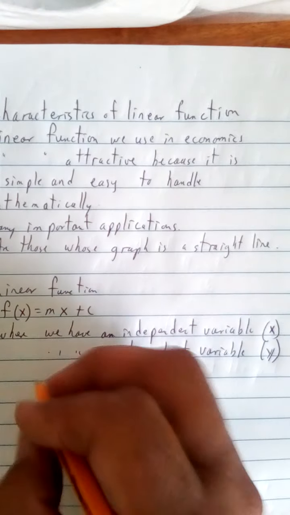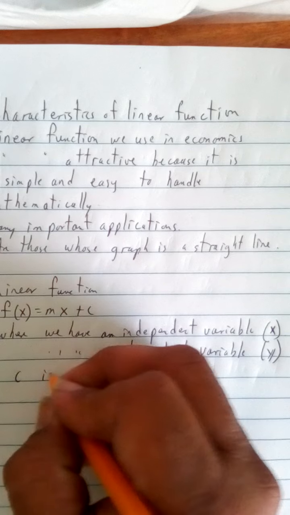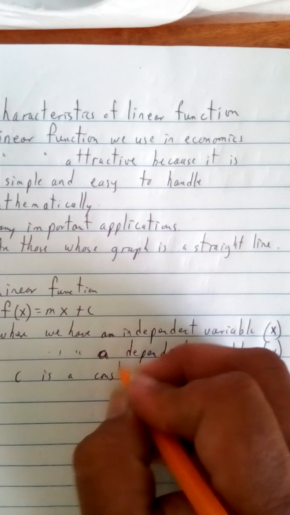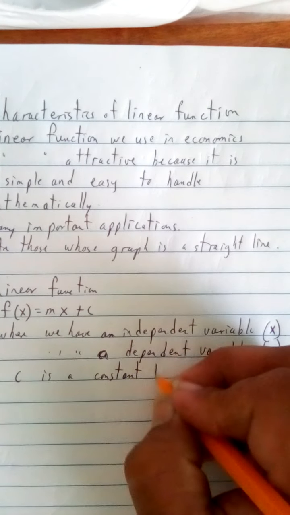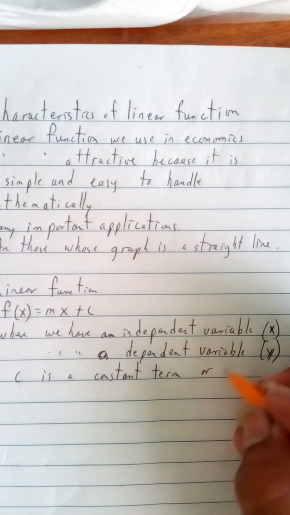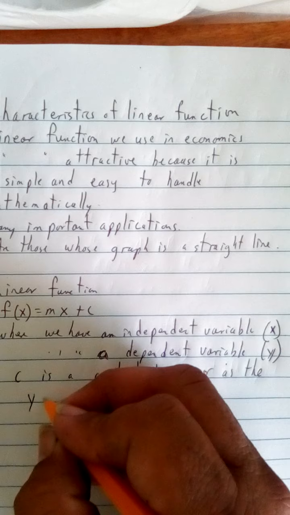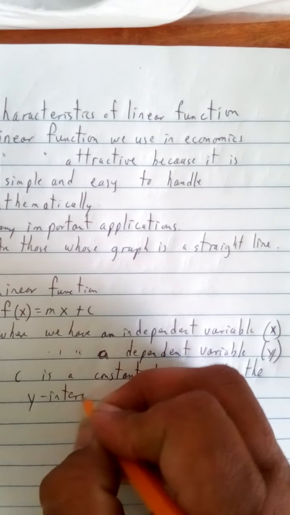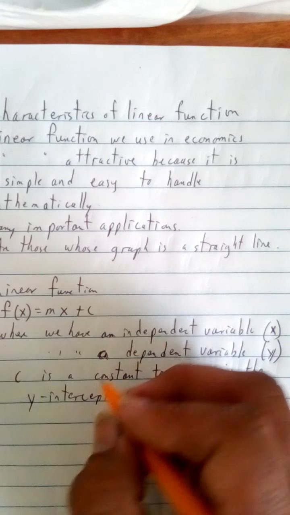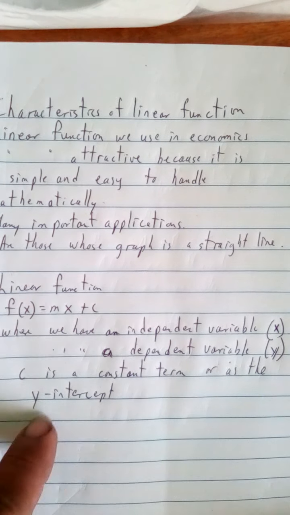Okay, c in this equation, c is a constant term, or better known as the y-intercept. Okay, so c is a constant term, or the y-intercept.